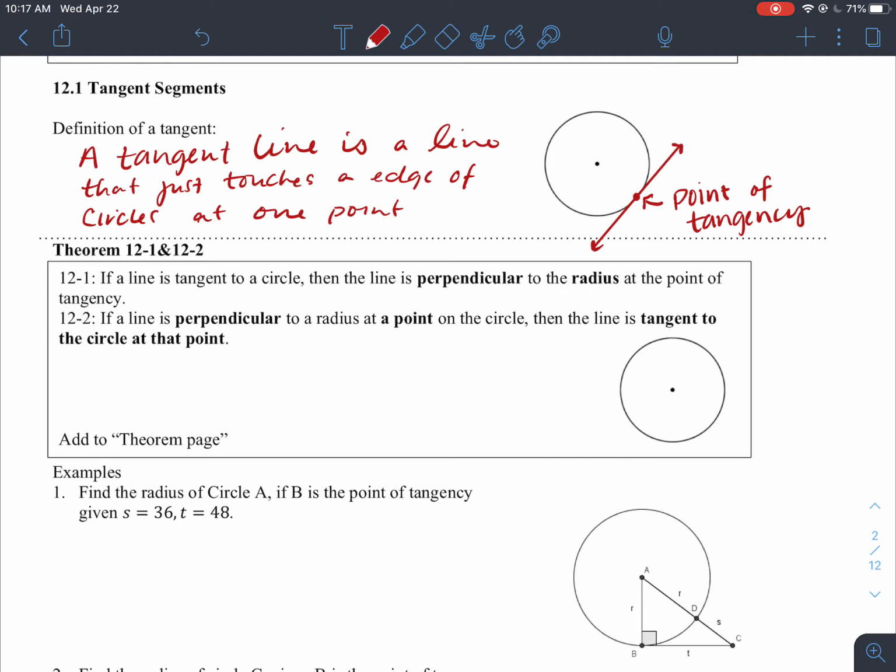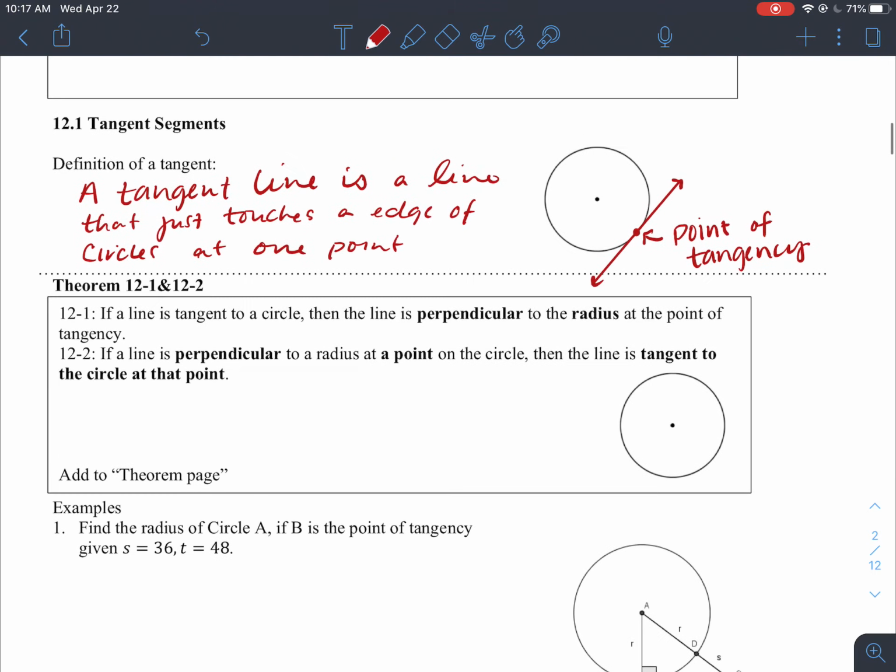All right, so that first theorem, 12.1, says if a line is tangent to a circle, then the line is perpendicular to the radius at that point of tangency. So there's going to be one example for both theorems, and I'm going to start by drawing it right now. I got that point of tangency. I got a tangent line.